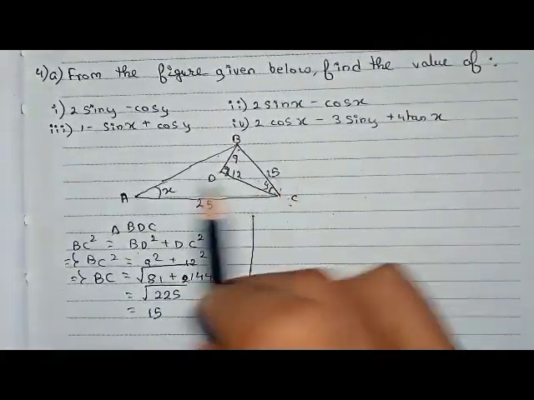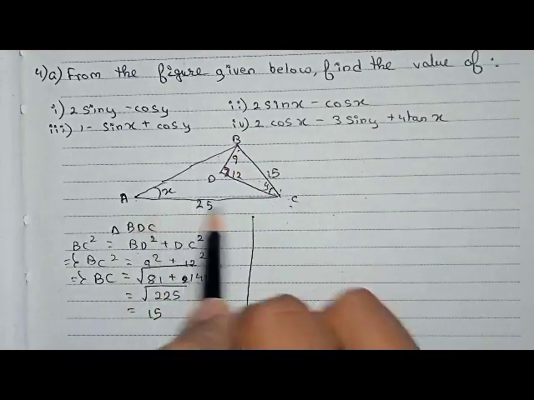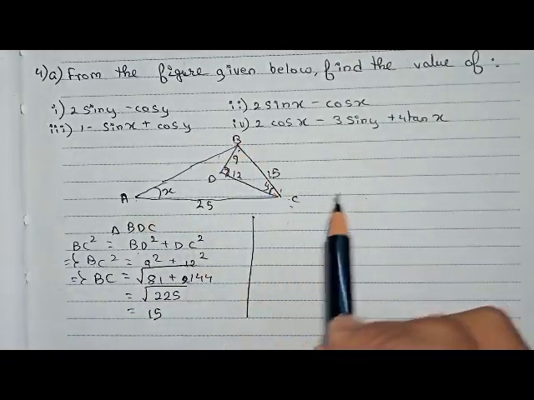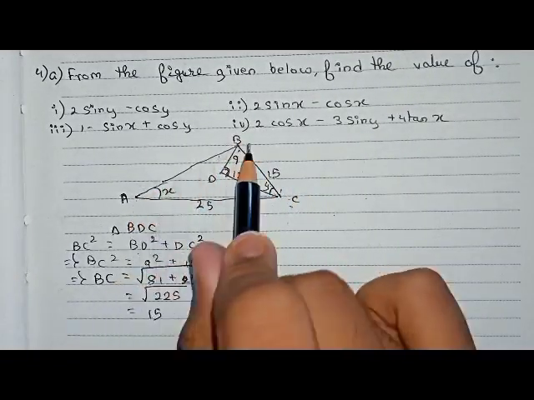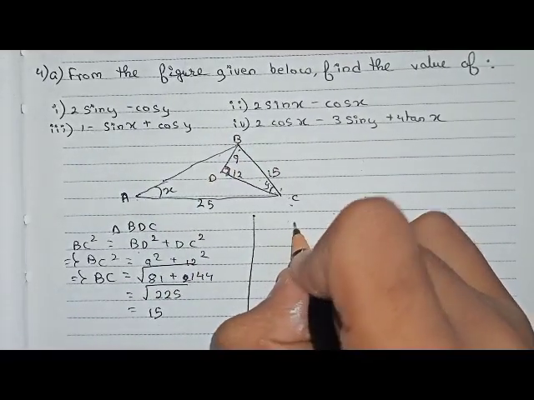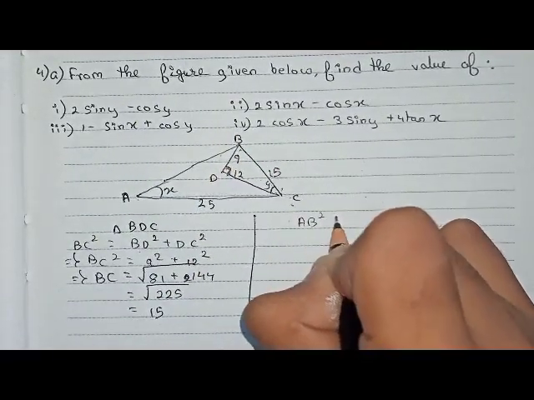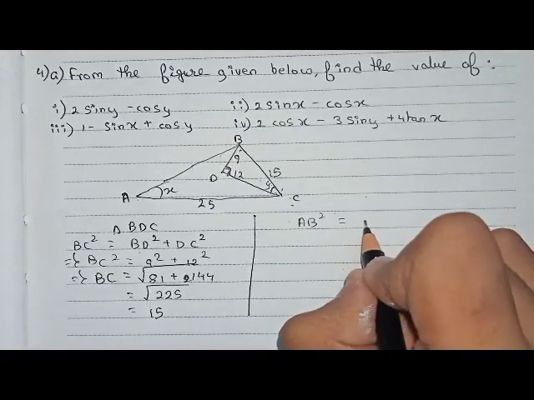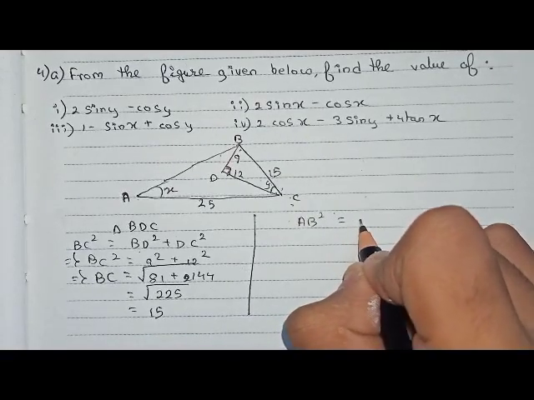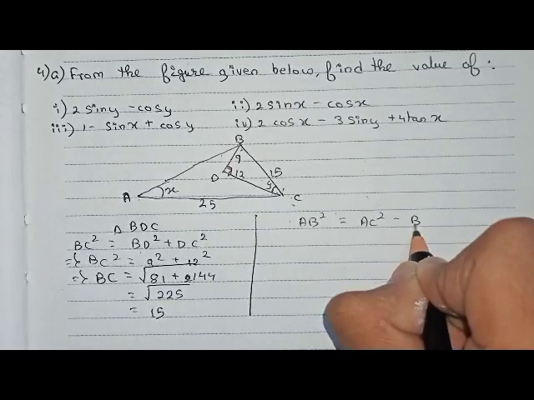So now we take this full triangle ABC. Here AC is 25 and BC is 15. So you can easily find out this AB. We apply the direct formula, that is AB squared is equal to AC squared minus BC squared.